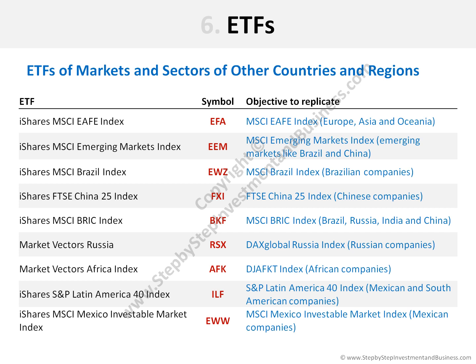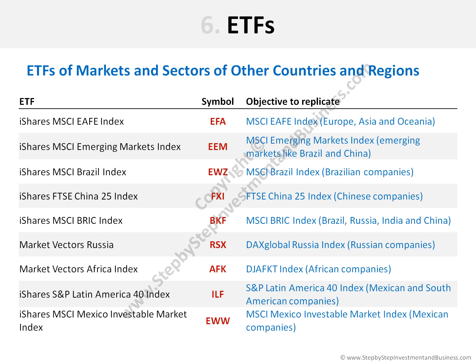We have the ETF whose symbol is BKF, and whose objective is to replicate the performance of the BRIC countries. BRIC is an acronym for the countries of Brazil, Russia, India, and China.